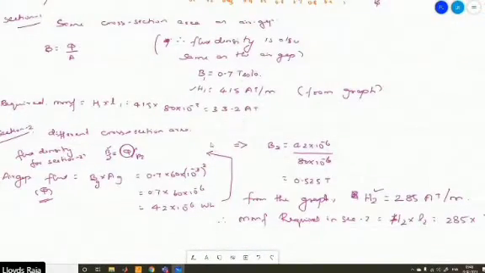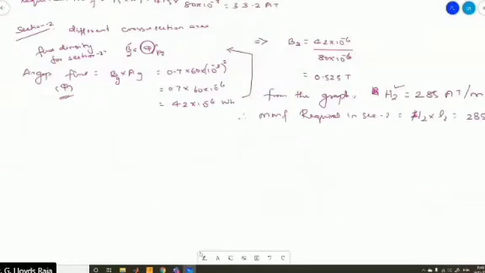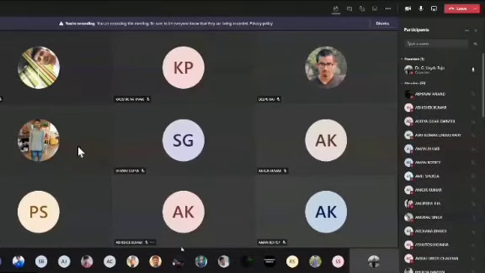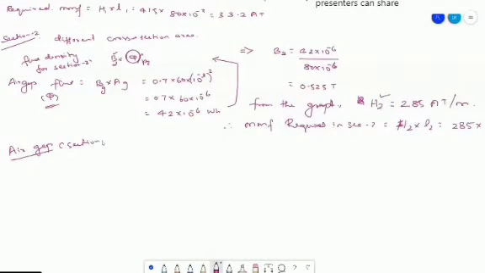So let us try to do the same for the air gap as well. So before that, are there any questions? No. The air gap, which is nothing but your section 3. Okay. So here, how to find H? B is already given in the question.